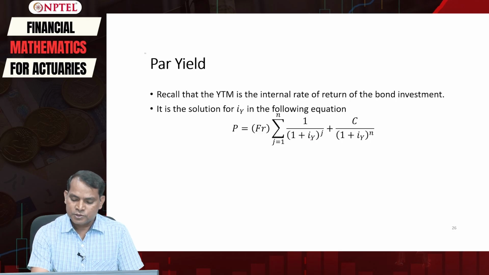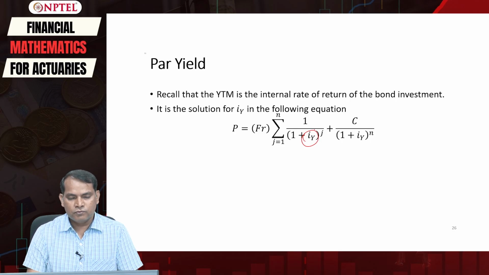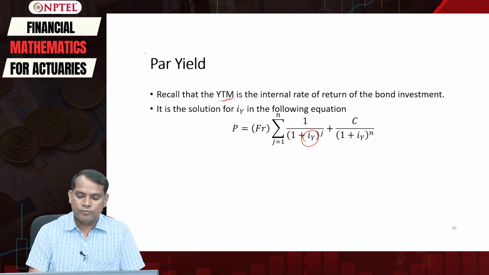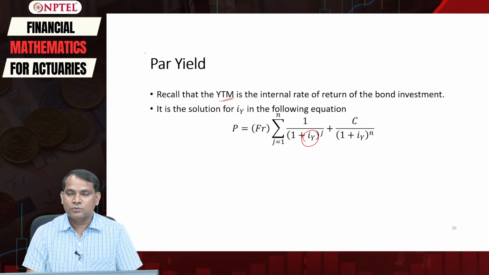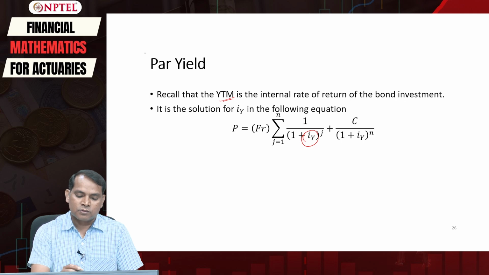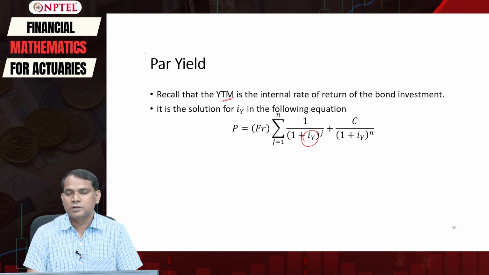From this equation we will solve for this IY, and that will become the yield to maturity. We have done that using the trial and error method, and also we have understood this calculation of yield to maturity by considering one approximation formula.